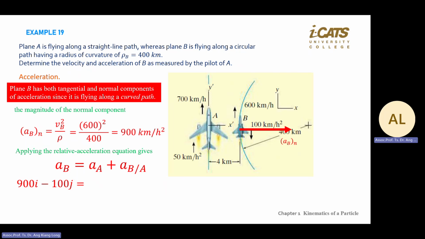That's why negative 100J. Okay. So you need to be smart enough to convert between normal and tangent into x and y. AA is going up, so 50J is given, acceleration is given in the diagram. And there's only one missing parameter, which is the acceleration of B from A.